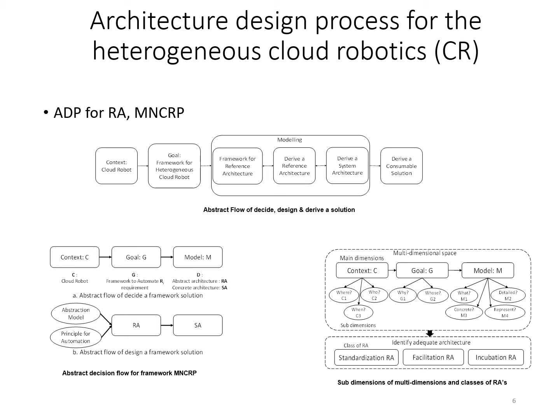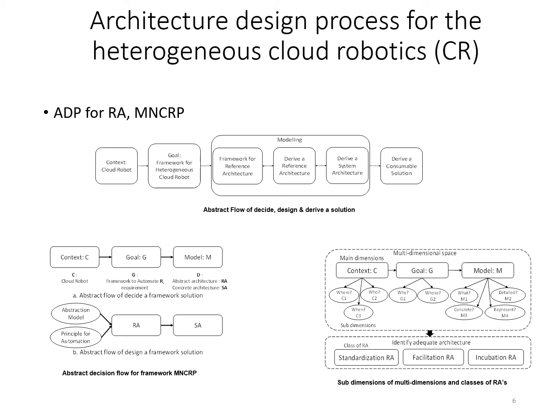You can see context, goal, and modeling are our flow. Under this flow, we need to define abstract modeling and principle for automation. Based on that, we prepare the reference architecture. After that, the system architecture.